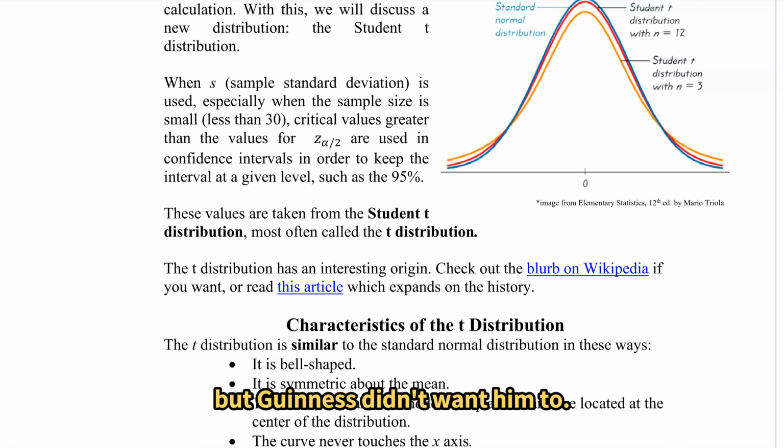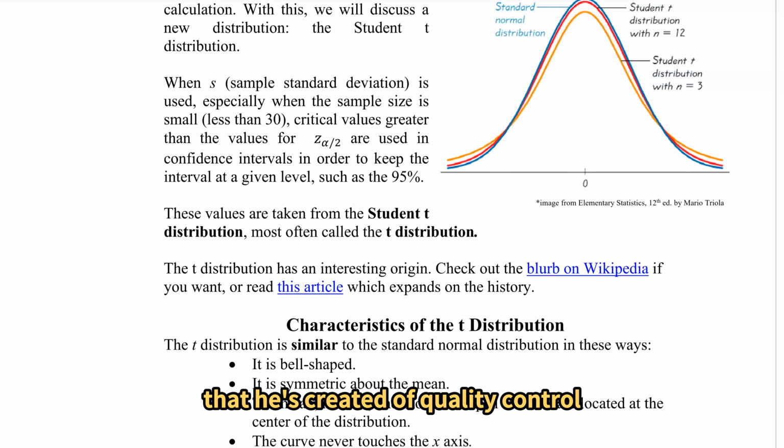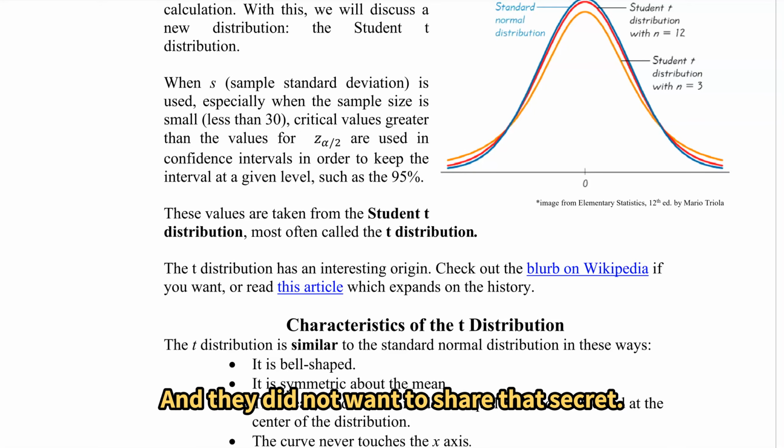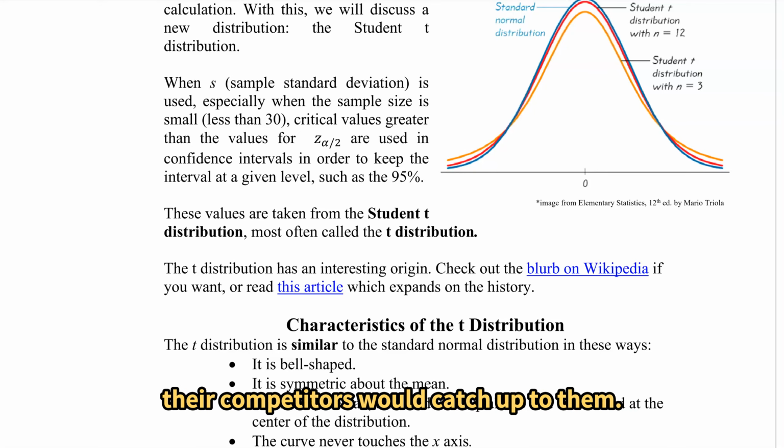But Guinness didn't want him to. They were making lots of money off of this notion that he's created of quality control with the samples of the ingredients they were using. And they did not want to share that secret. They were afraid if the secret got out, their competitors would catch up to them.